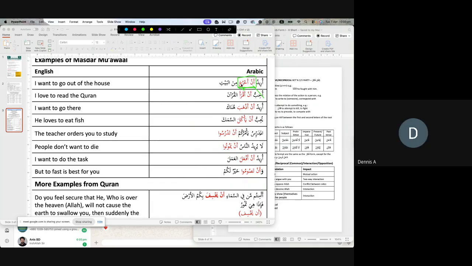That's the rule. An coming anywhere before a mudari, it will always make it mansub. An, lan, hatta, idhan. Remember, these particles are harf nasib. They make the mudari mansub.